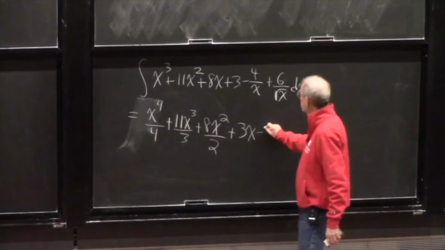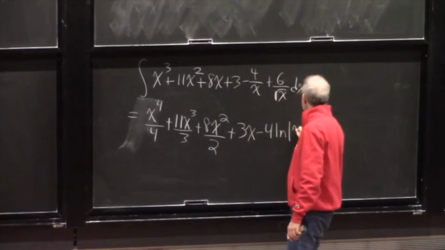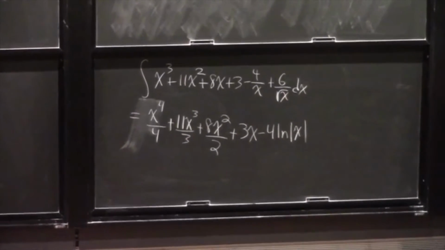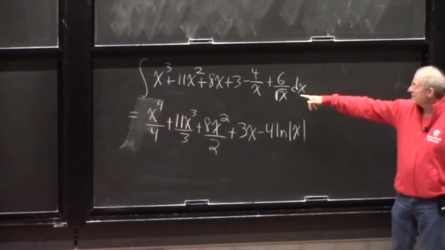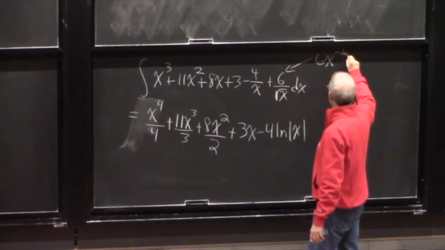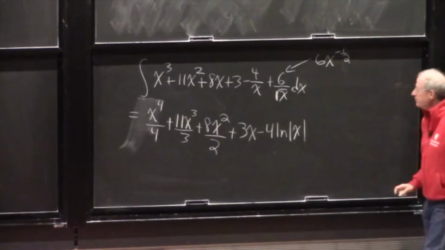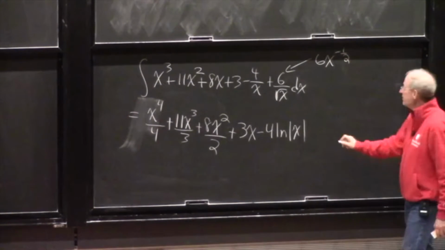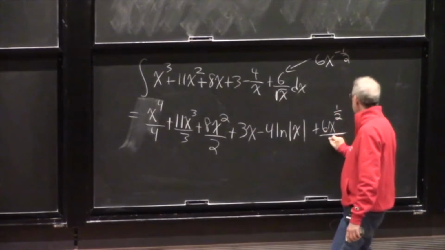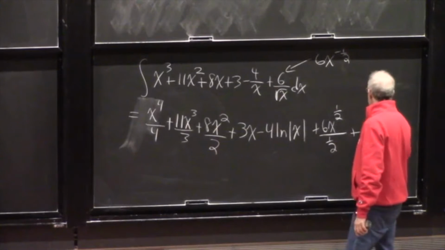And that's minus 4 ln of the absolute value of x. And what are we going to do with the 6 over the square root of x? Well, that's 6 times x to the negative 1/2. So we would make this 6x to the positive 1/2 over 1/2 plus c.